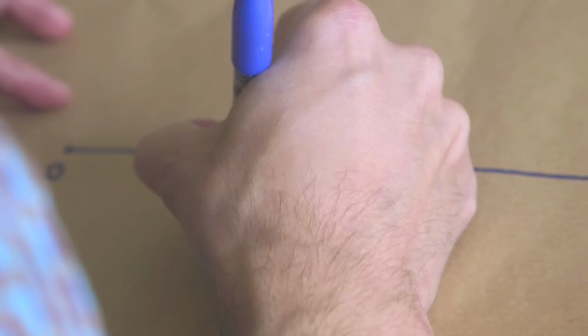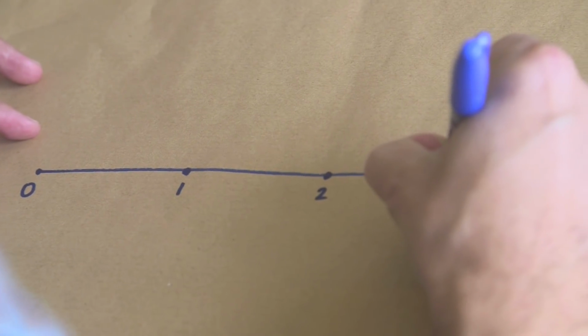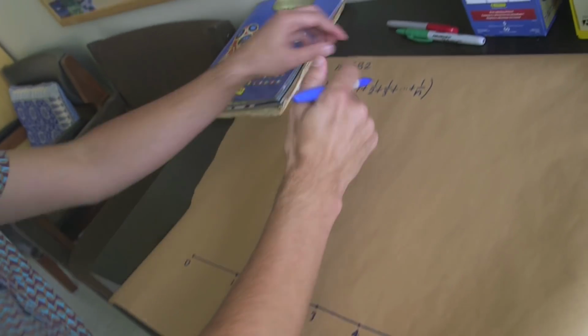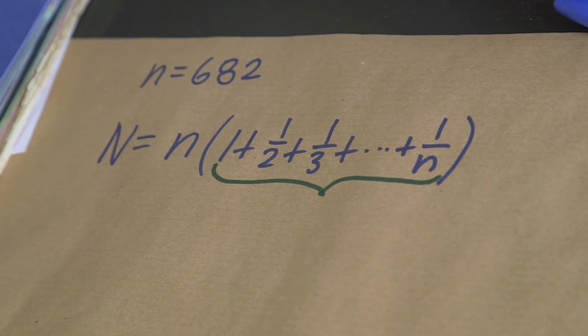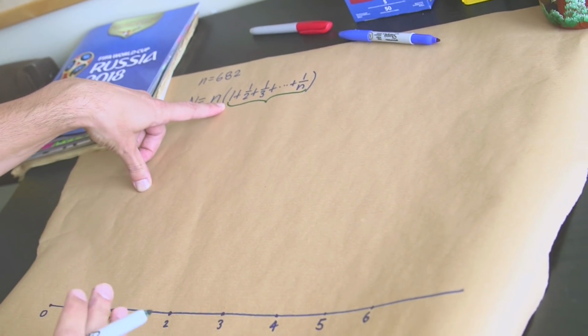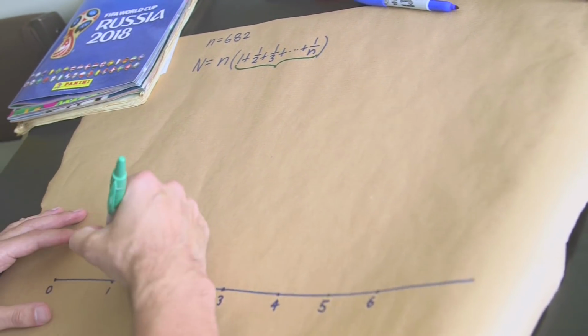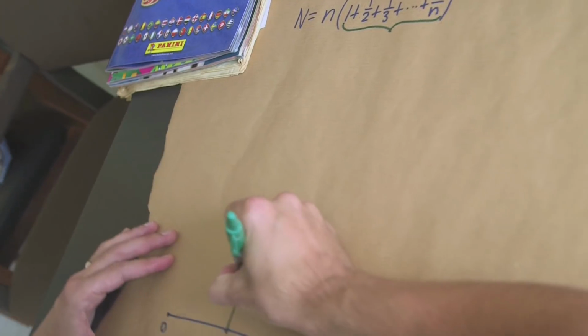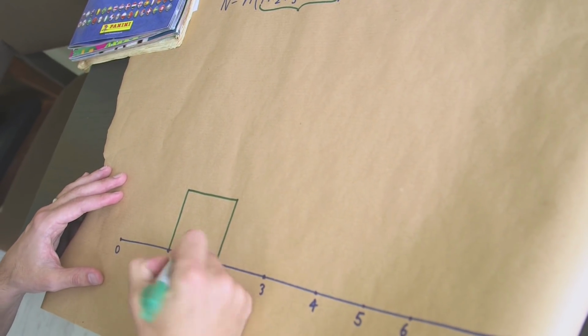Here's 0, 1, 2. And now what I'm going to do is look at this sum right here. I'm going to interpret it geometrically. So 1 is the area of a 1 by 1 square. That's a 1 by 1 square, right?